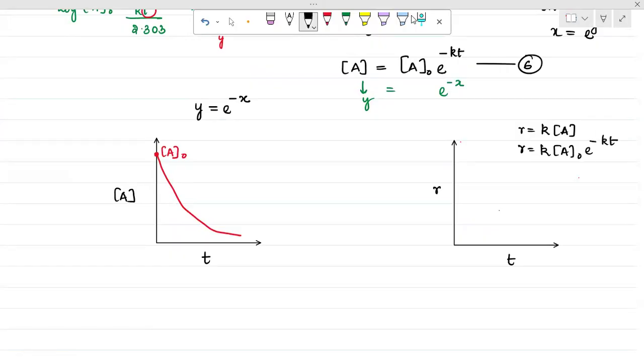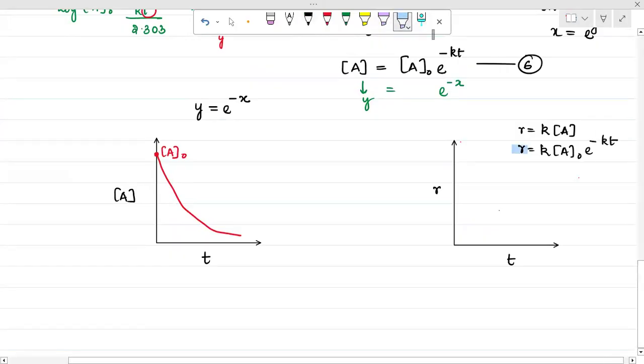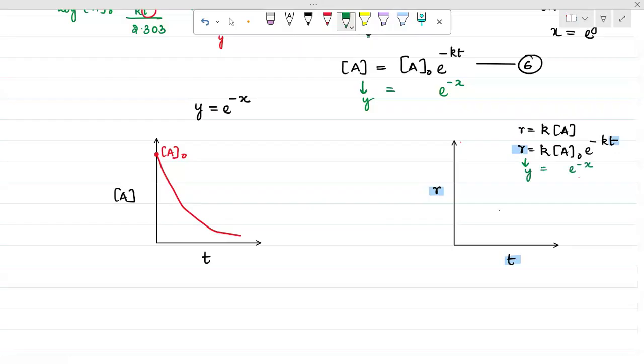That's it. How are they related? We have R along Y. We have T along X. This is also of the form Y is equal to some constant into e to the power minus x. Again, it's going to be an exponential decay where it's not going to touch the x-axis. Very important. Having the ability to understand the graphs, to interpret the graphs, to draw the graphs once you have the grasp on the formula. Very important.